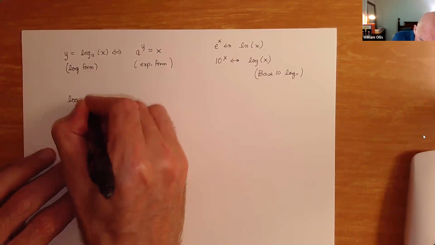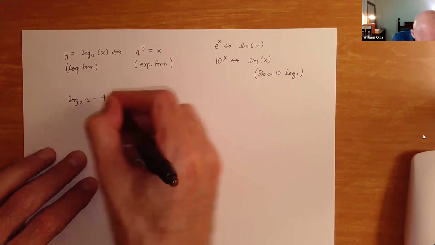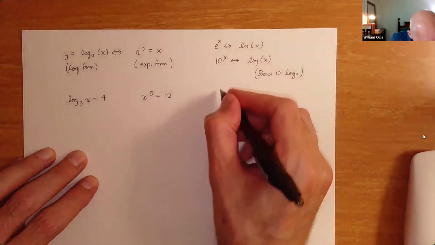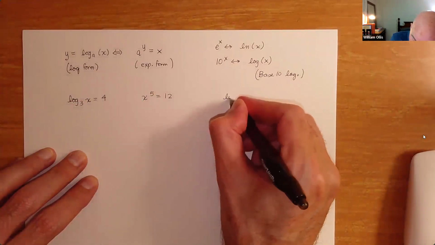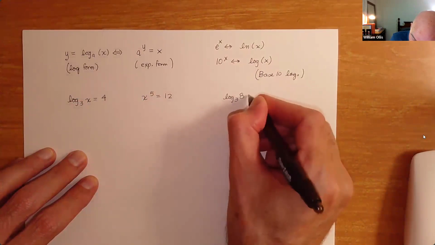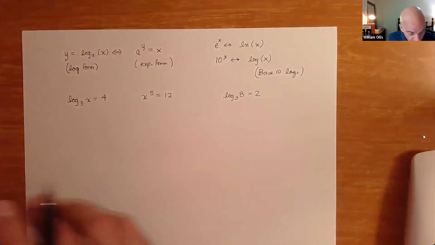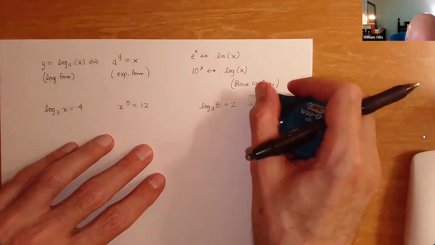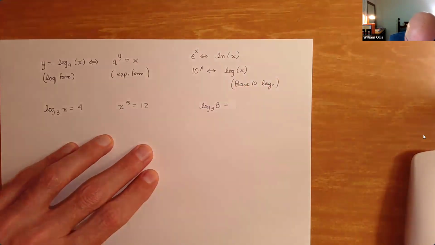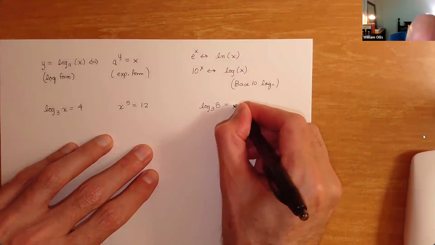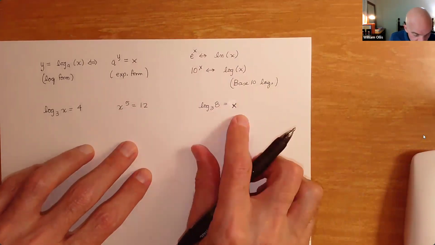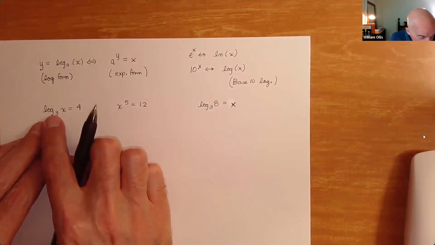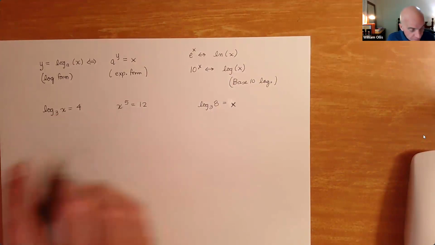We have the base 3 logarithm of 8 equals x, we have x to the 5th equals 12, and we have the base 3 logarithm of x equals 4.